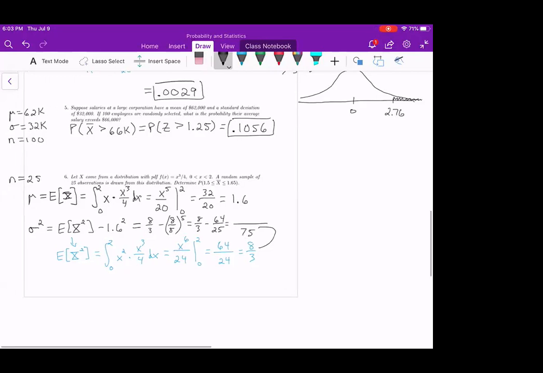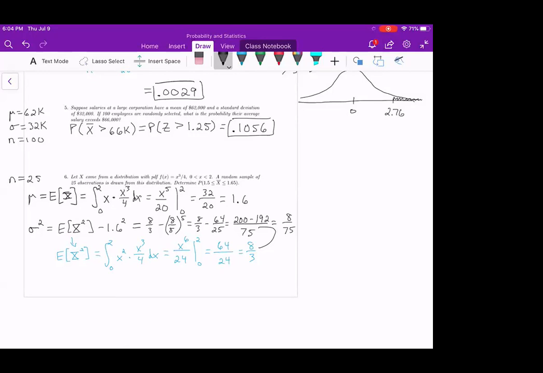So that means you got 8 times 25, or 200, minus 3 times 64, which is 192. And that comes out to 8 over 75. And that's our variance.